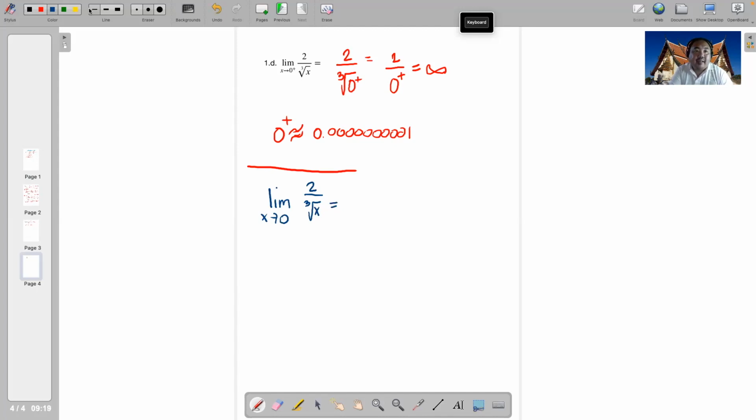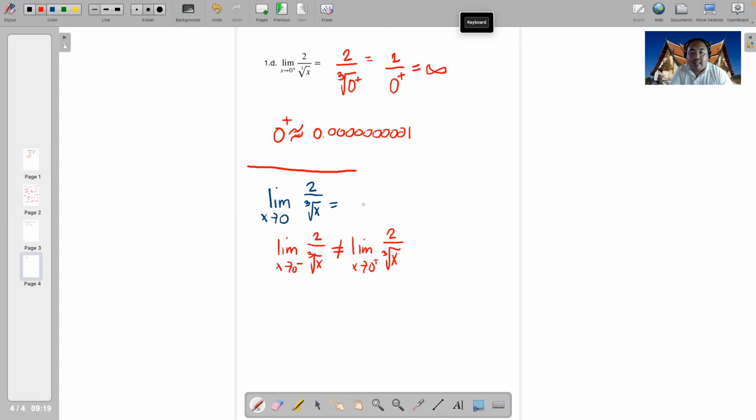Unfortunately, the limit of 2 over the cube root of x as x approaches 0 from the left is not equal to the limit of 2 over the cube root of x as x approaches 0 from the right.